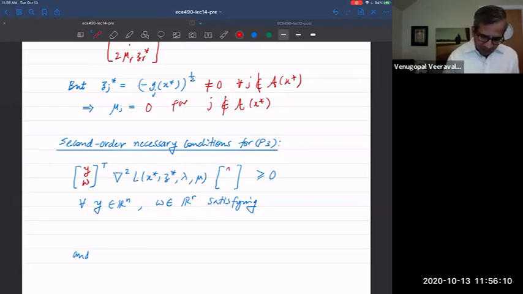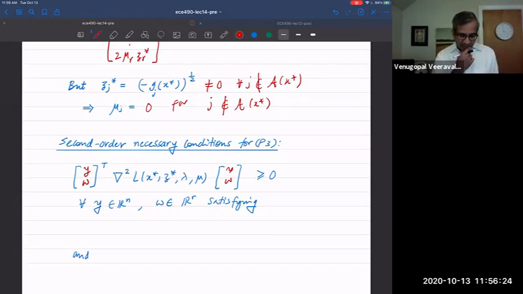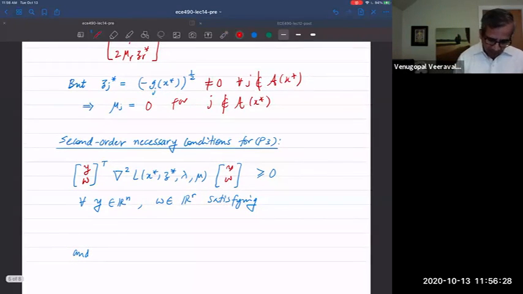This product has to be non-negative for all y belonging to R^n and w belonging to R^r, satisfying the gradient of h at x star transpose y equal to 0, for i equal to 1 to m.